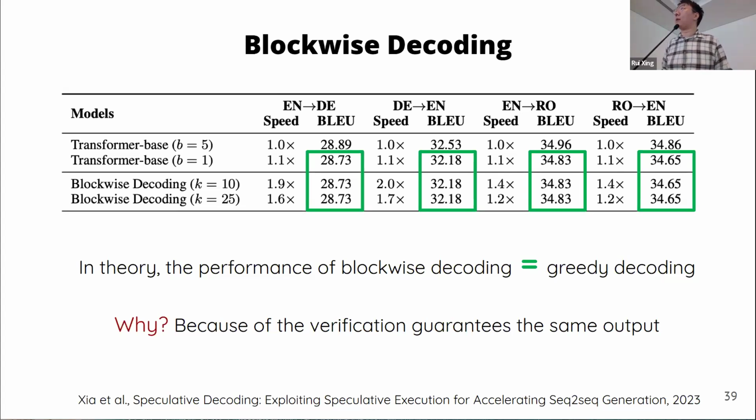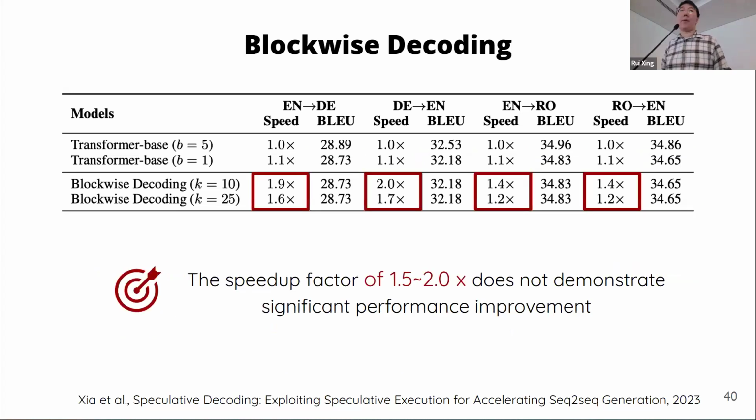The blockwise decoding shares the same experimental results, but it can achieve some speed up, like at most twice. Actually, the speed up factor today for speculative decoding is also around 2 or more.